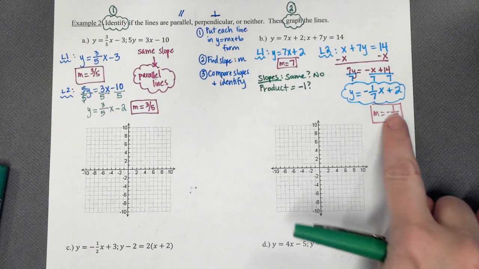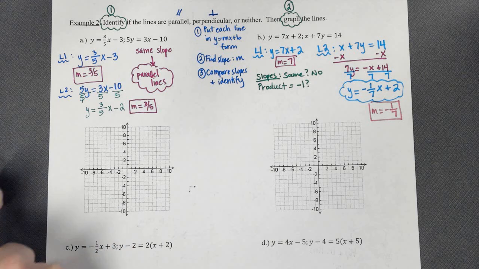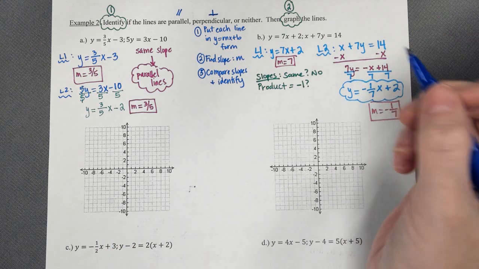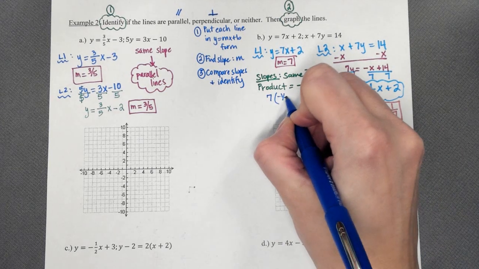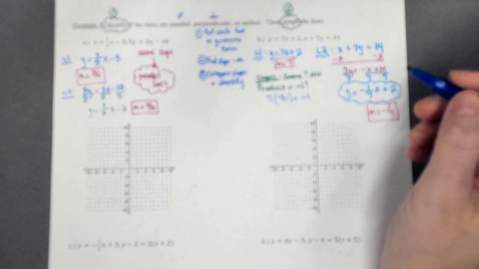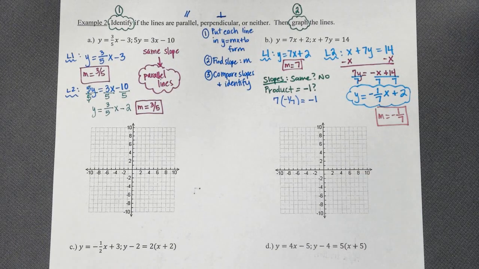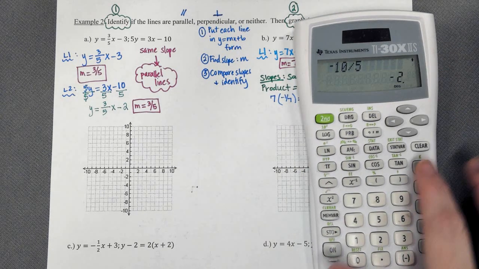So obviously you can tell whether they're the same. When you're doing the product, you're going to do 7 times negative 1/7. I want you to do that on your calculator.